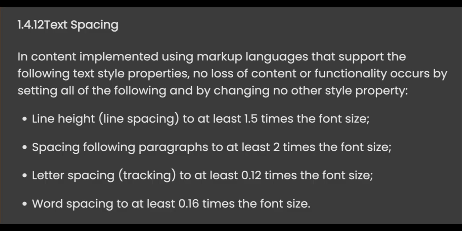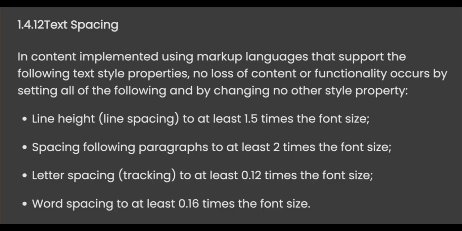So the requirement says that the line height, which is also called the line spacing, is at least 1.5 times the font size. The spacing following paragraphs has to be at least 2 times the font size.